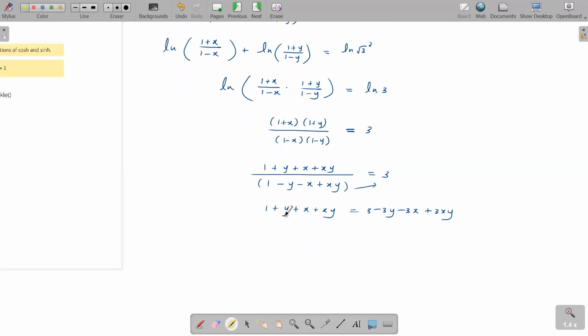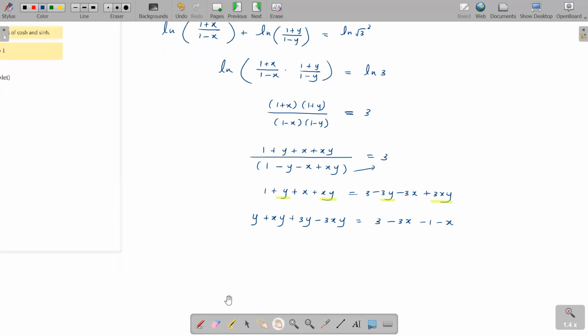Let's take all the y terms to one side, and all the terms without y to the other side. So y plus xy plus 3y minus 3xy equals 3 minus 3x minus 1 minus x. I took this 1 and x to the other side.